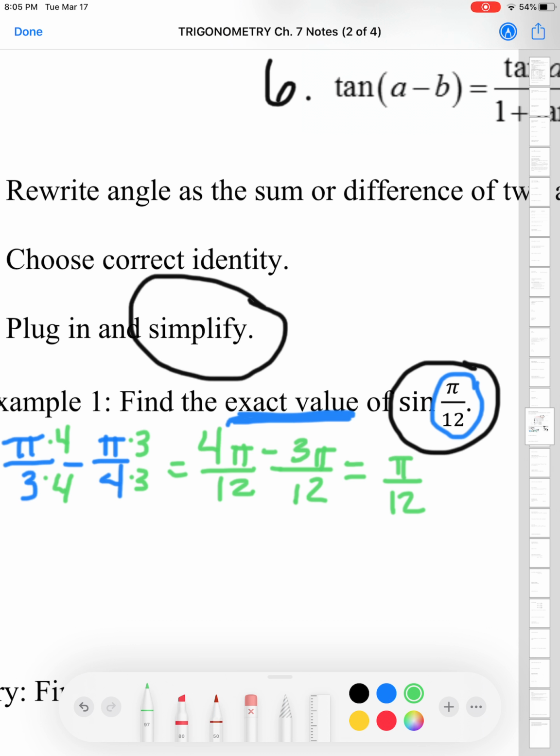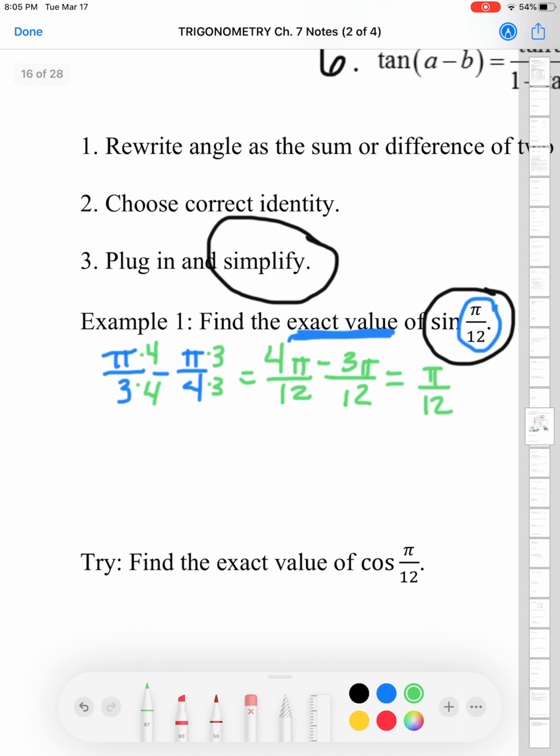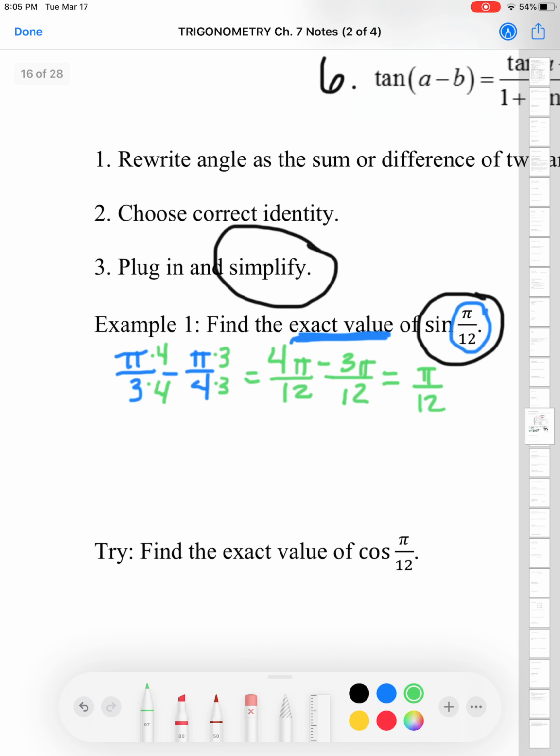So that shows you that sine of pi over 12 can be rewritten like the sine of pi over 3 minus pi over 4.